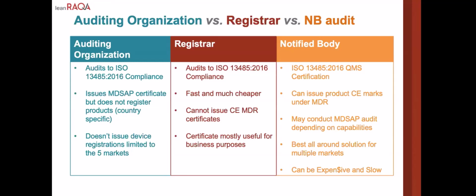They also include the countries that participate in the MDSAP certificate. And they use 13485 as a base, and then they add in the country-specific requirements of where you're selling. On top of that, they don't issue device registrations, and it is currently limited. Although they have observers, there's only 5 official participants.